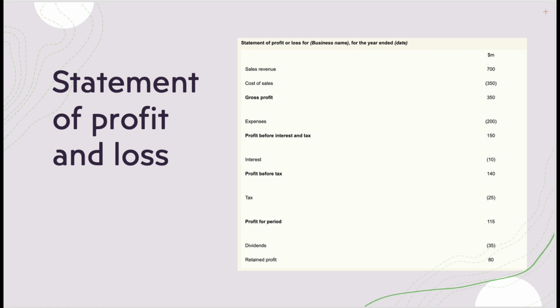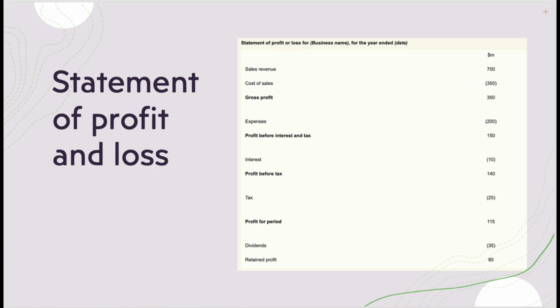Then you will write down sales revenue and its dollar amount. Cost of sales, which is opening stock plus purchases minus the closing stock. Then you have gross profit. After that comes expenses. Then there's profit before interest and tax. Then there's interest. There's profit before tax.